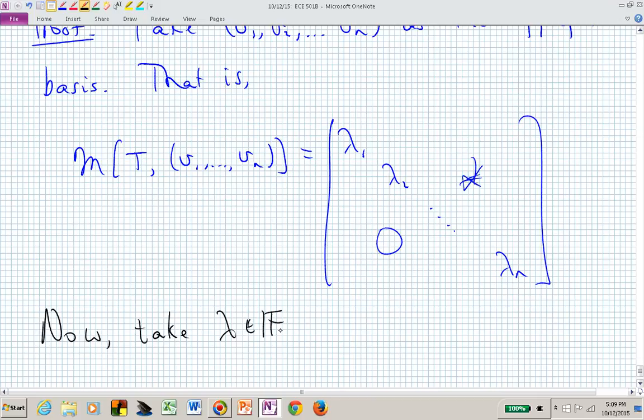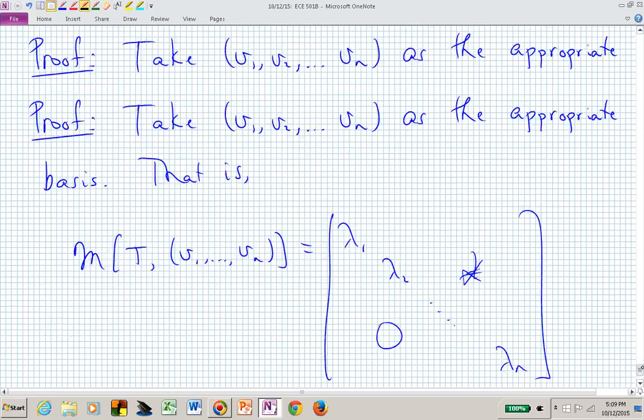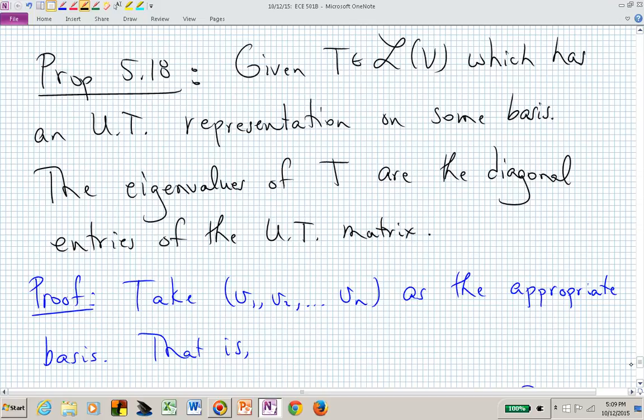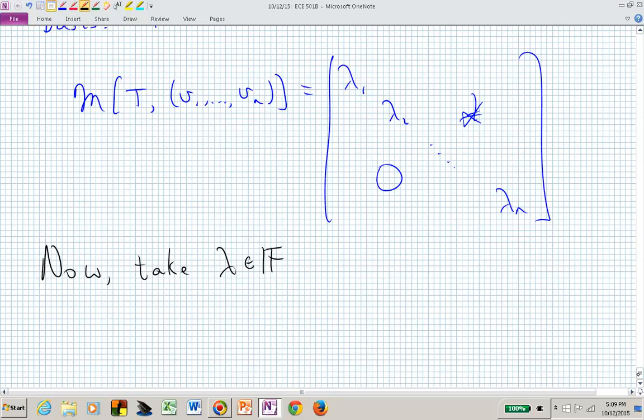Let's now take lambda to be a scalar in our field. So in this particular proposition, we haven't said anything about complex or real vector space. We've just said, suppose you can find an upper triangular representation on some basis. Then the eigenvalues of that linear operator are on the diagonal.